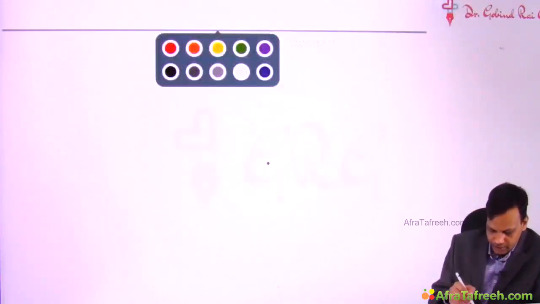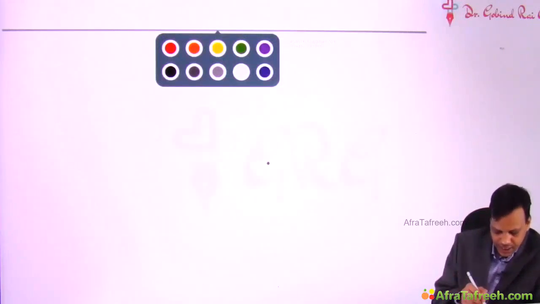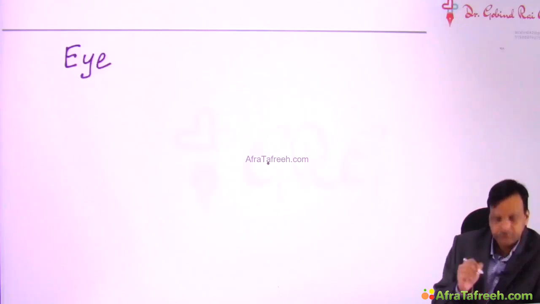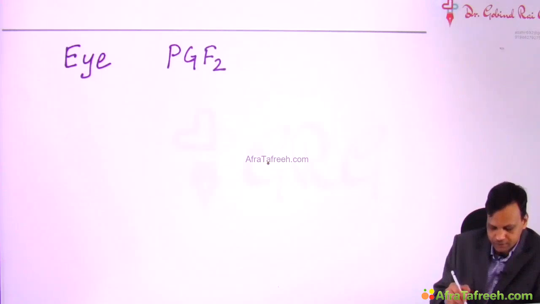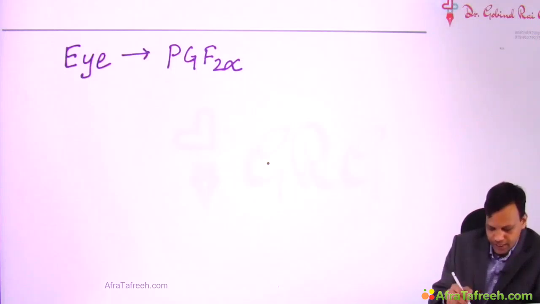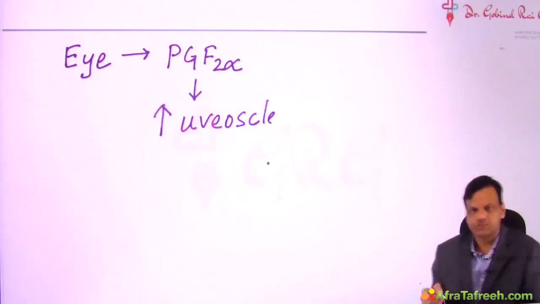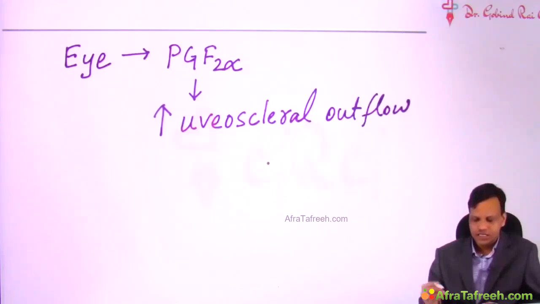Now lastly, prostaglandins are also present in the eye. Particularly we have PGF2 alpha. And the function of prostaglandin F2 alpha in the eye is to increase the uveoscleral outflow. So that means prostaglandin F2 alpha increases the drainage of aqueous humor.